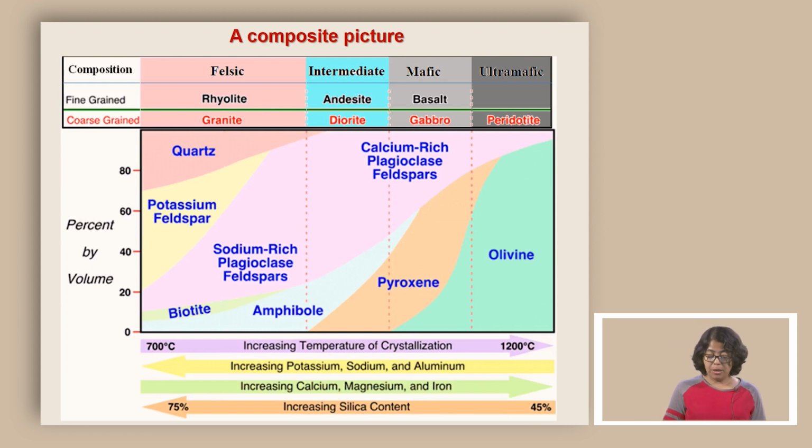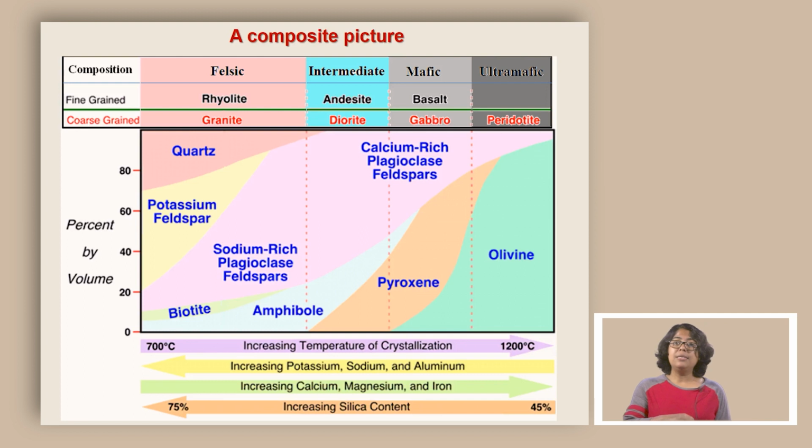So, for example, if you are thinking about potassium, sodium and aluminium, as we are going from ultramafic to felsic, it is going to increase, and where you are looking at calcium, magnesium and iron, they are going to increase as we go towards the ultramafic rocks.